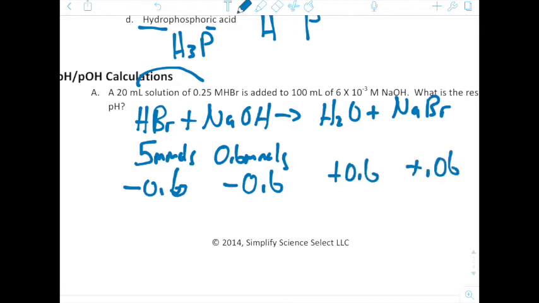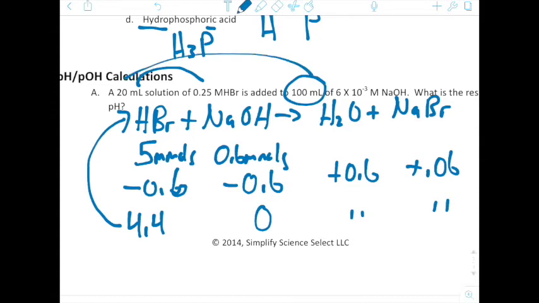Now what we care about is the only thing in solution contributing to the pH now, so add everything up. This is 0, this stays the same, and this goes to 4.4. This is the amount of moles of our hydrobromic acid that we have. Since it's a strong acid, that's how many moles of the hydrogen ion we have in solution. And so we have 4.4 millimoles of this, we put 100 milliliters with 20 milliliters and get 120 milliliters of solution.